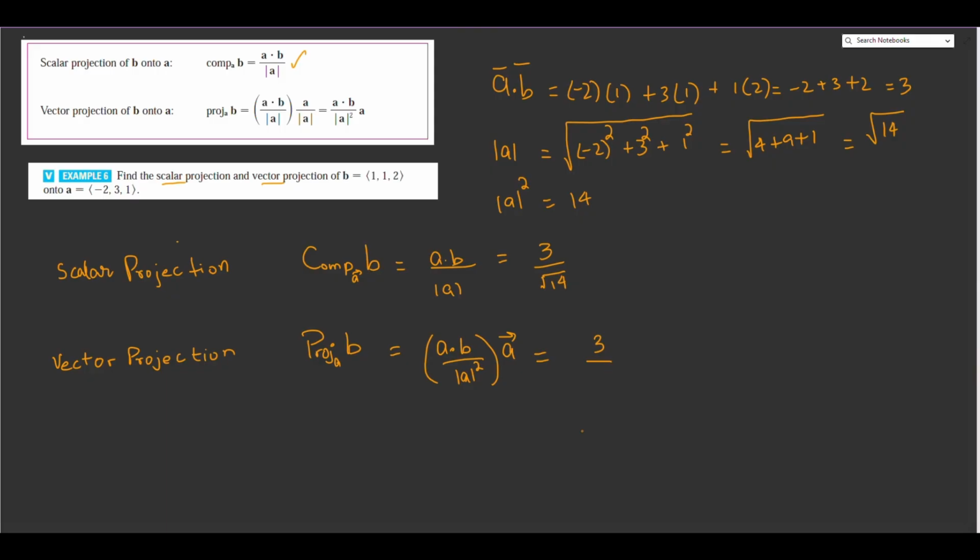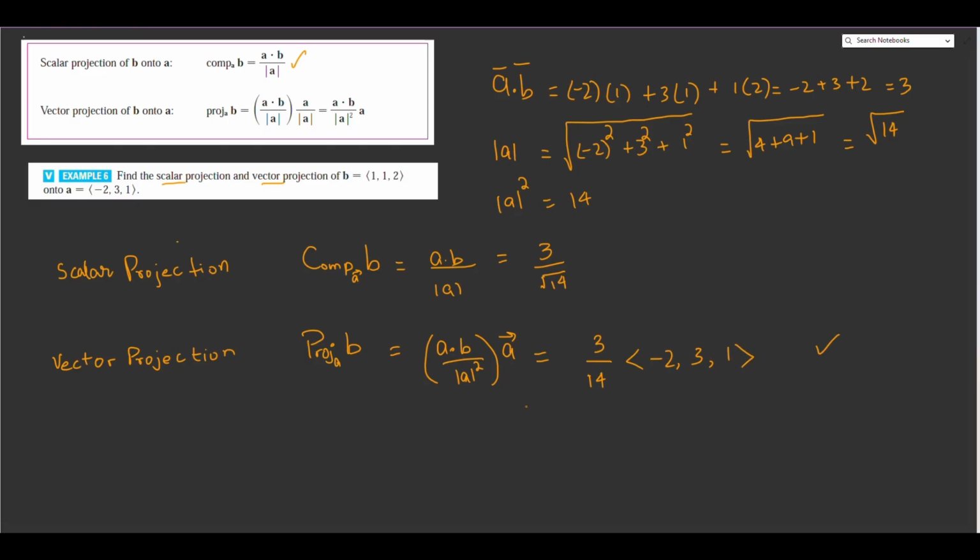A dot B is equal to 3, and the magnitude of A squared is equal to 14, multiplied with the vector A, which is given by -2, 3 and 1.